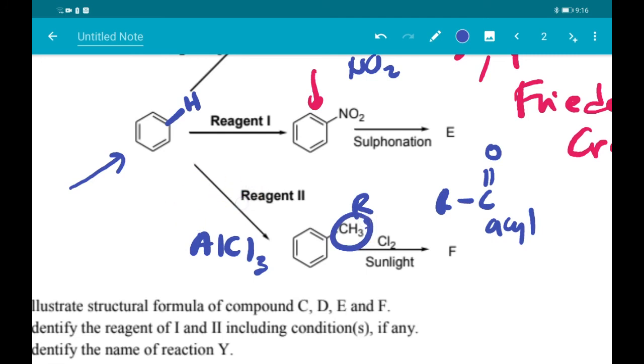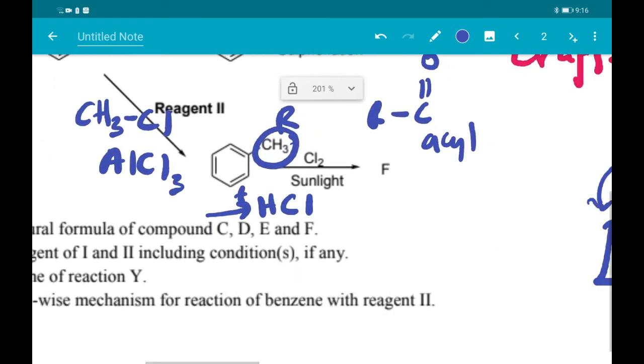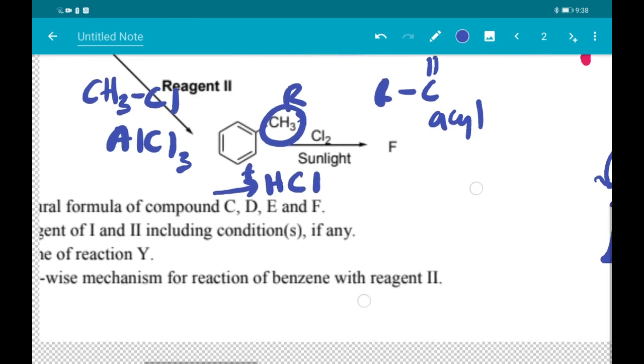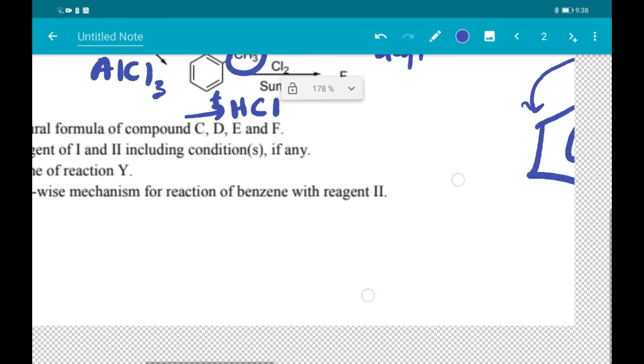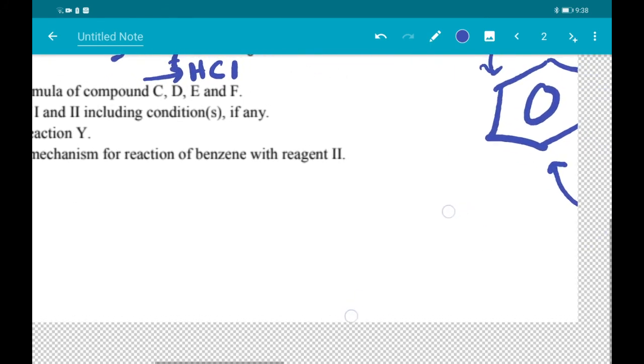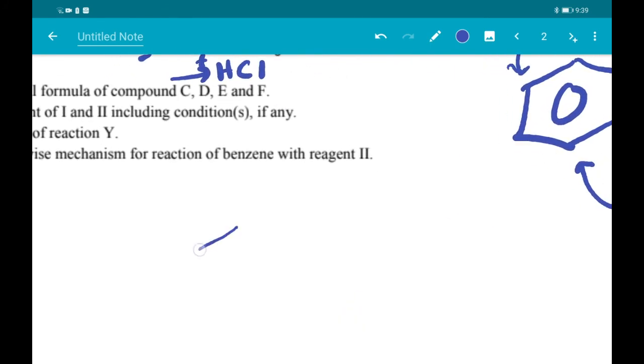Therefore, this will be CH3, and of course the X is the Cl, and then the side product will be HCl, the H coming out from the benzene compound. From here, we have already produced the product of methylbenzene, or we know it as toluene.